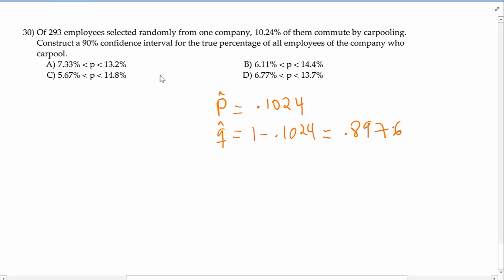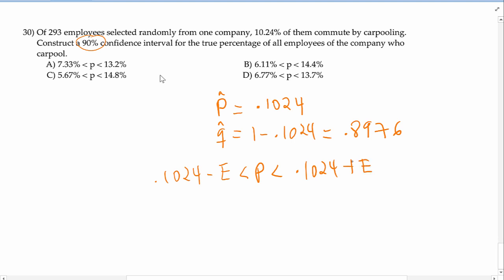So in constructing my interval, I'm going to say that the proportion of the population that carpools is probably between, with this degree of confidence, 0.1024 minus the margin of error and 0.1024 plus the margin of error, right?